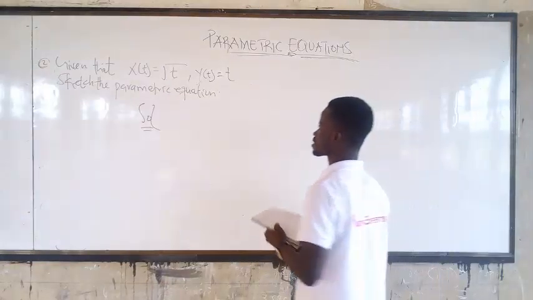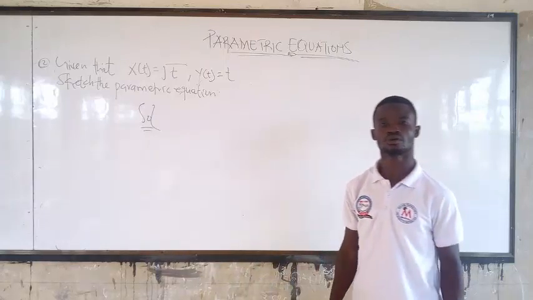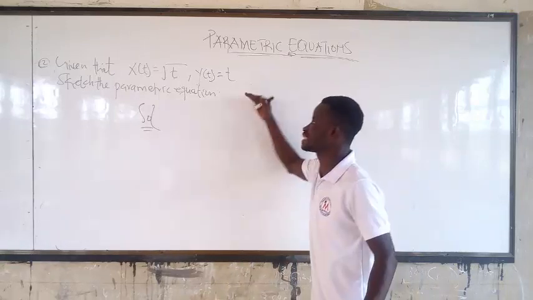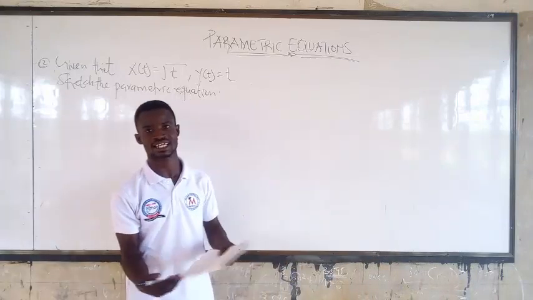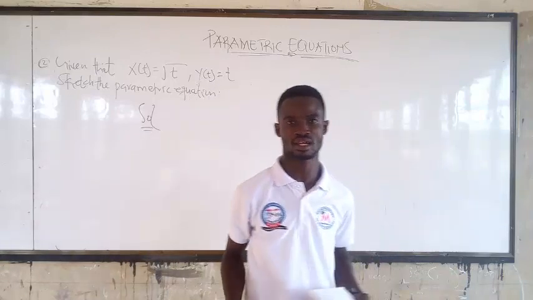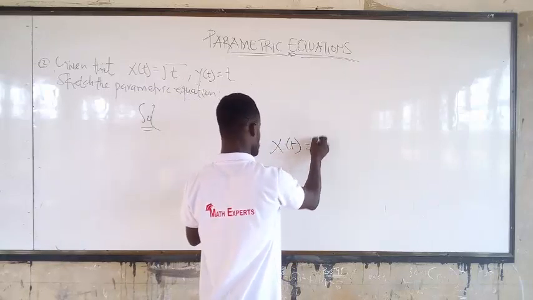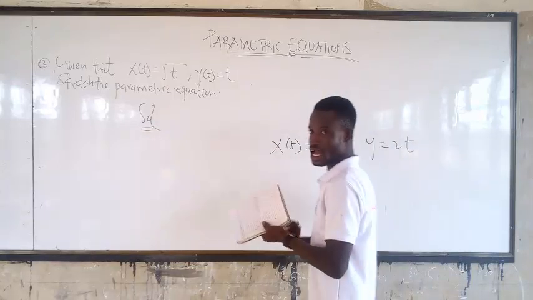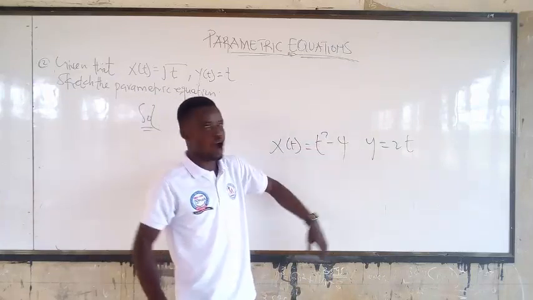Alright, so now looking at this question, I hope you can see something. Something is not given here. What is that? The interval. You don't know the interval, but you were told from the introduction that the interval is always the domain. So you have to state the domain. For instance, if you give me x is equal to t squared minus 4, y is equal to 2t, and I'm not giving the domain here, I know that this will work for all real numbers.